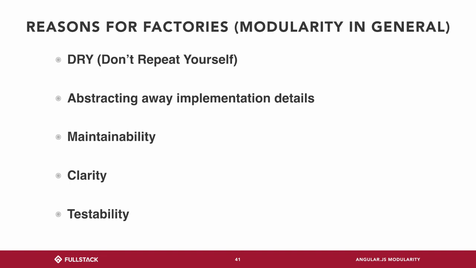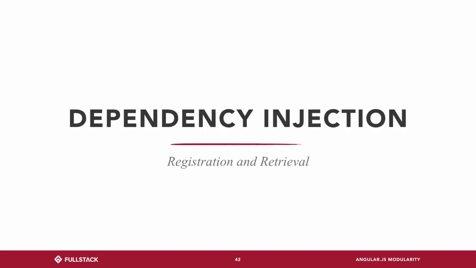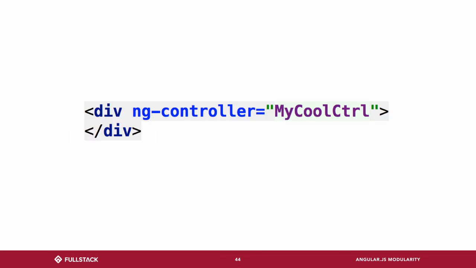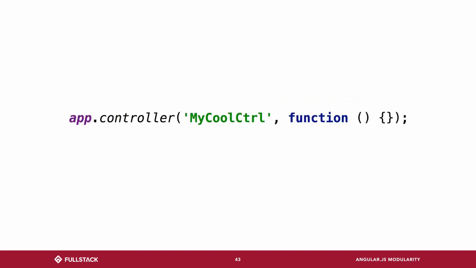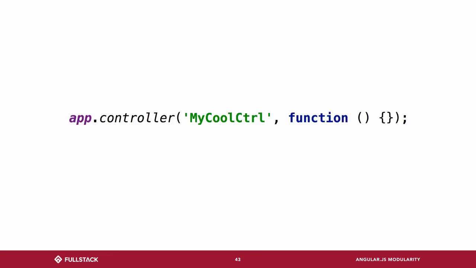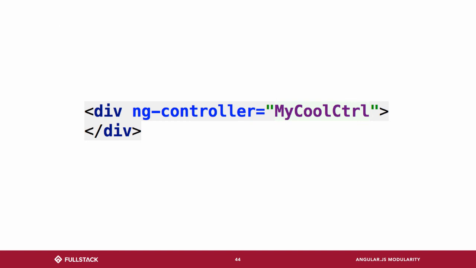So we mentioned dependency injection. When we talk about dependency injection, if we have a controller, we name the controller, and our second function is going to give us some functionality. So how do we instantiate a controller? Again, a very important point is that every time we would use this myCoolControl on our page, this function would end up getting instantiated.